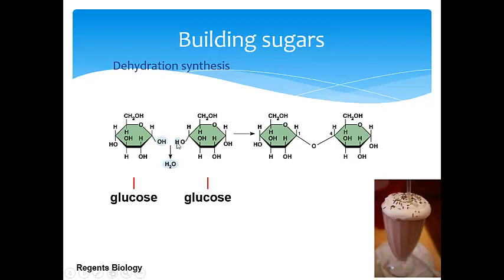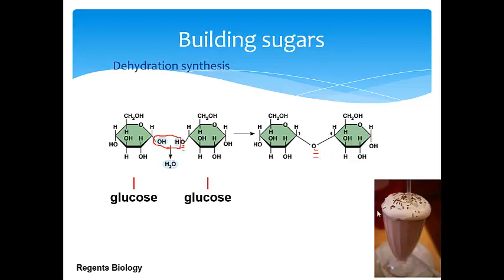If I remove an H2O from these 2 molecules, they'll come out as water. This H2O right here is removed, and all that's left is this oxygen. In that case, it's going to connect the 2 sugars together.